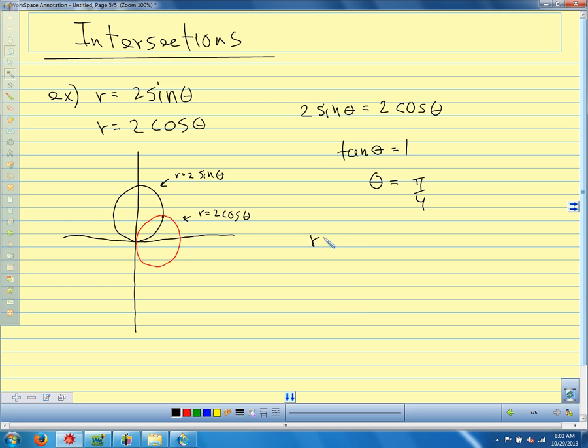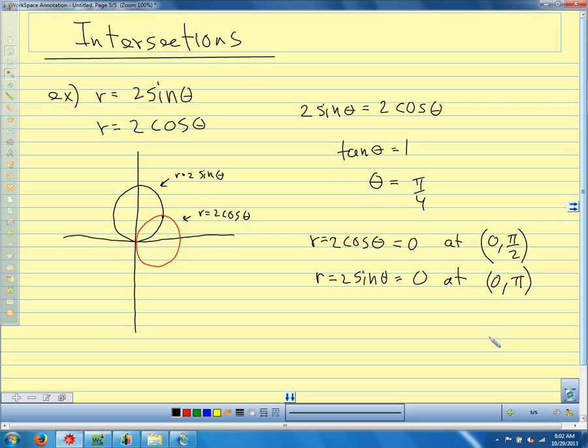So for r equals 2 cosine theta, r equals 0 at the point (0, pi over 2). And r equals 2 sine theta equals 0 at (0, 0).